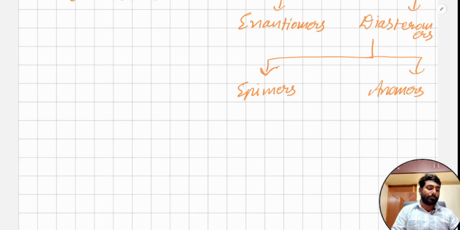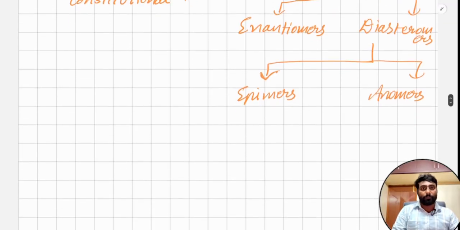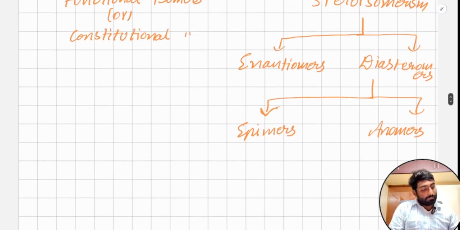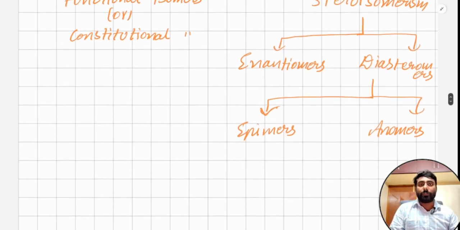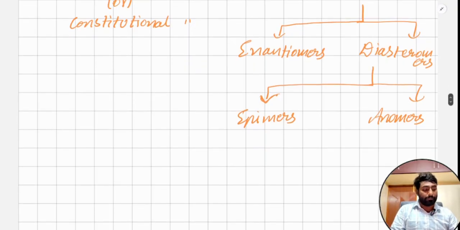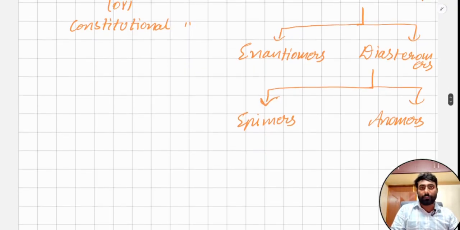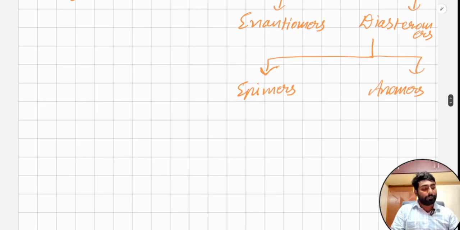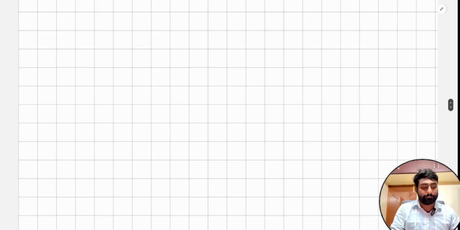And there is another type of isomerism called optical isomers. Few textbooks have given optical isomerism under stereoisomers and few in a separate way. Okay, these enantiomers are based on the penultimate carbon, and enantiomers are mirror images, and diastereomers are not mirror images. Then anomers are cyclic compounds, and we will see it briefly now.